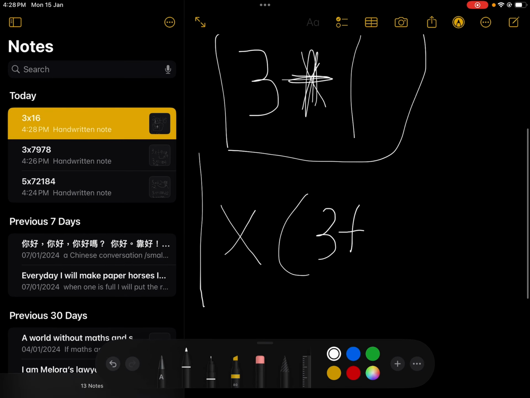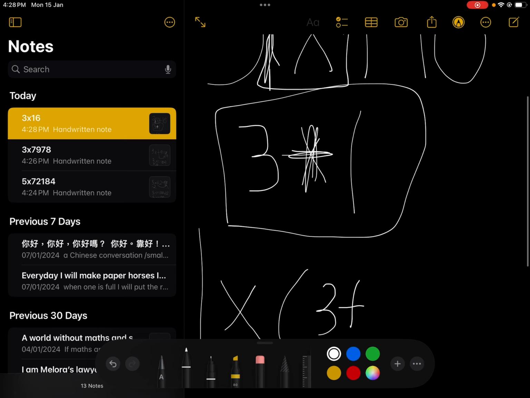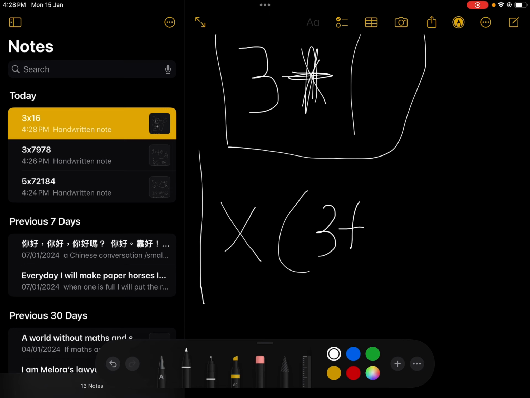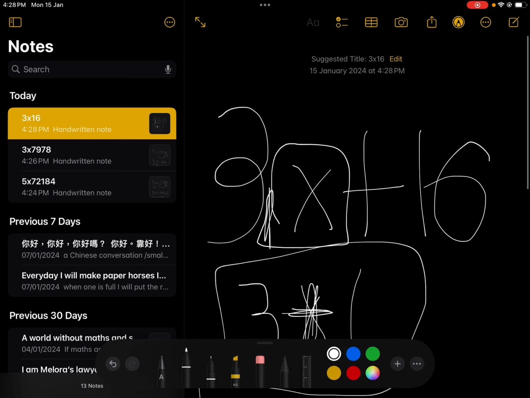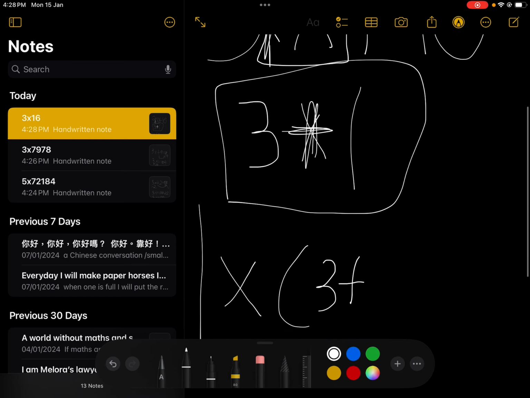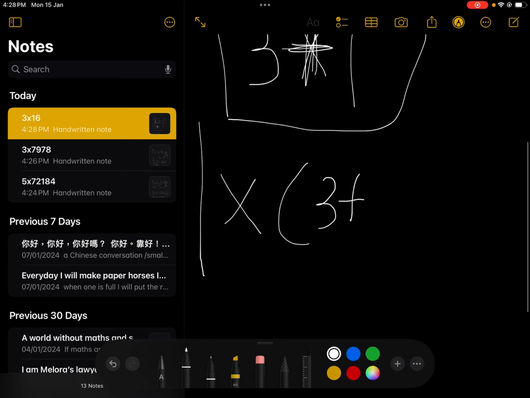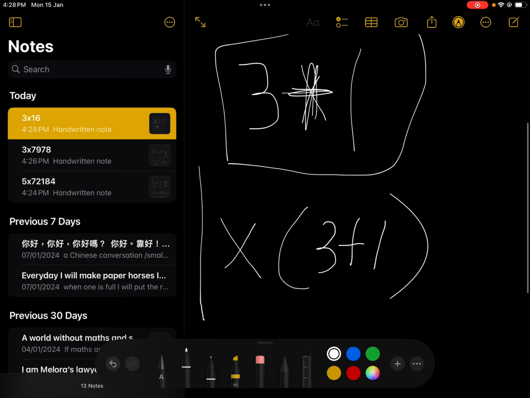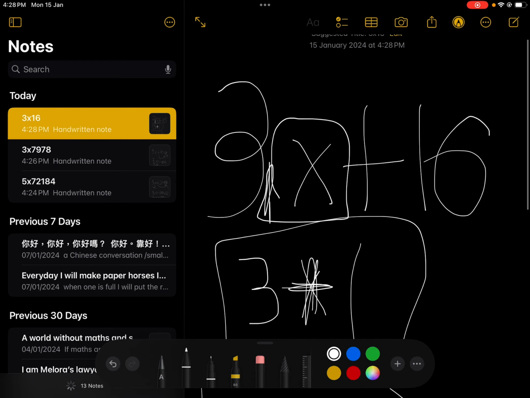Even though it's not supposed to be plus 1, it's going to be like this, because you're going to distribute, if you know what I'm talking about.